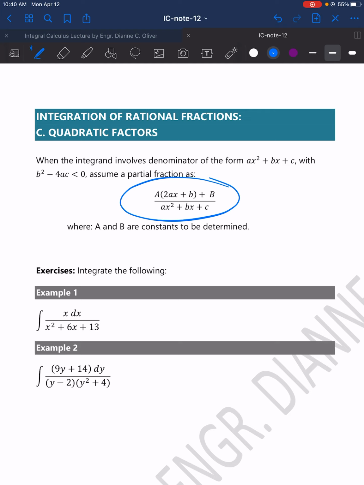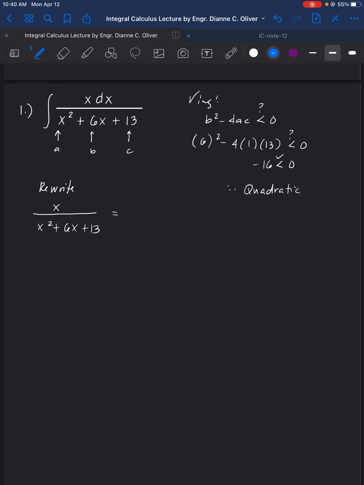So our a here is 1. So we have here A times 2ax, a is 1, so we have here 2x plus b. Our b here is 6, plus B over x squared plus 6x plus 13.